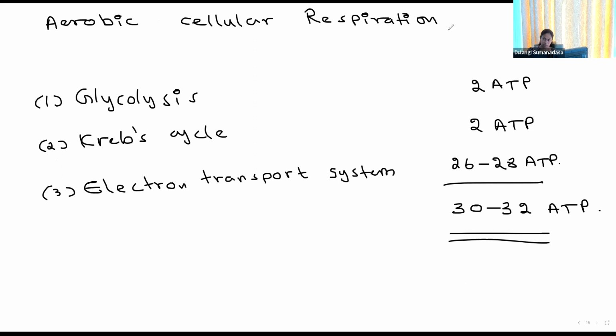So aerobic cellular respiration produces lots of energy. We will end up with 30 to 32 ATP.